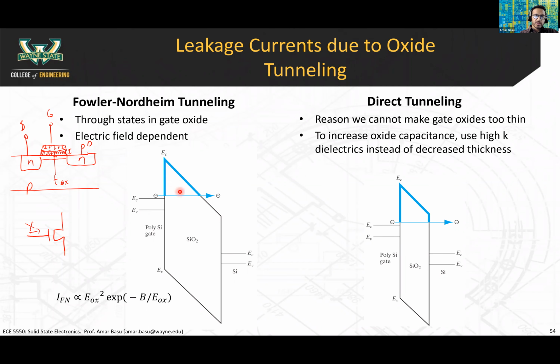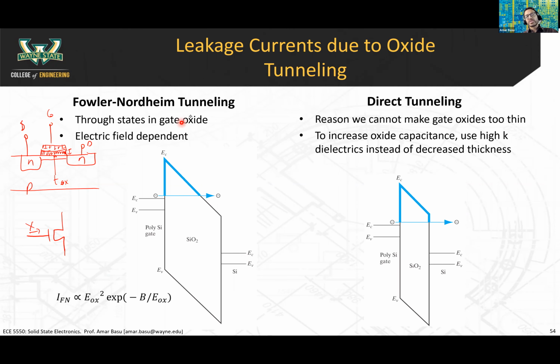And you can bend it enough to the point where an electron could possibly see a state just across from it. So in this case, the electron finds an energy state in this portion of the silicon dioxide, and then it can just go to lower and lower energy states and flow through into the silicon substrate. Okay, so this is tunneling through states in the gate oxide.